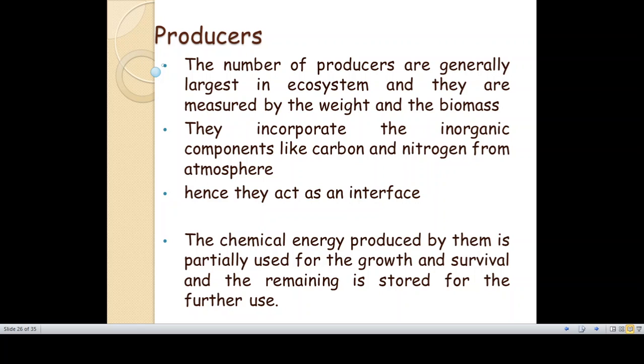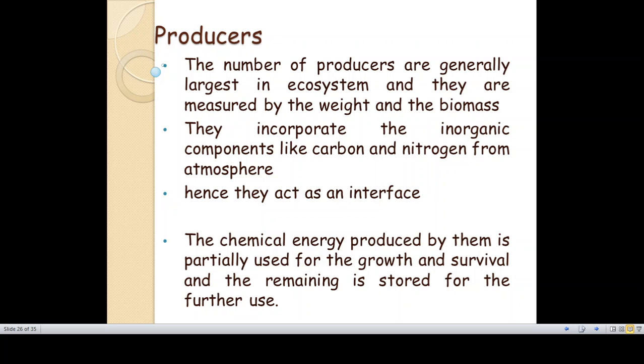They have a chemical property, and because of this chemical property they have a dual nature. That means whatever food is being produced by the producer, they survive on that material, and hence they also pass on this chemical material, such as carbohydrates, proteins and nutrients, to another organism on which these organisms can survive.